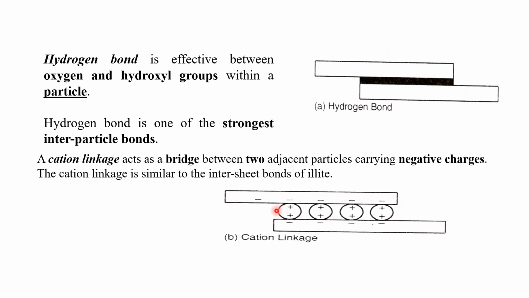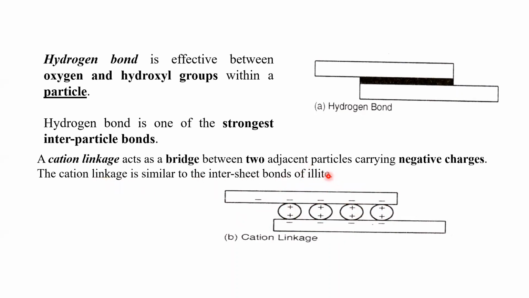And here, suppose this plus charge may be coming from the calcium, this may be coming from the magnesium. So two positive charges are there. This is connecting with this particle, and this is connecting with these particles, and the interparticle forces are going to work in between the two particles, right?